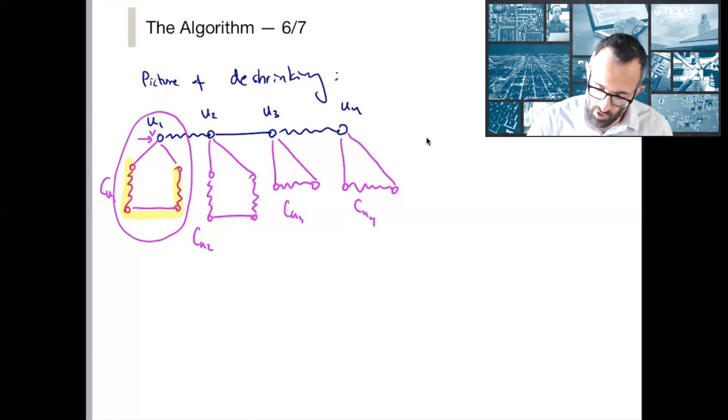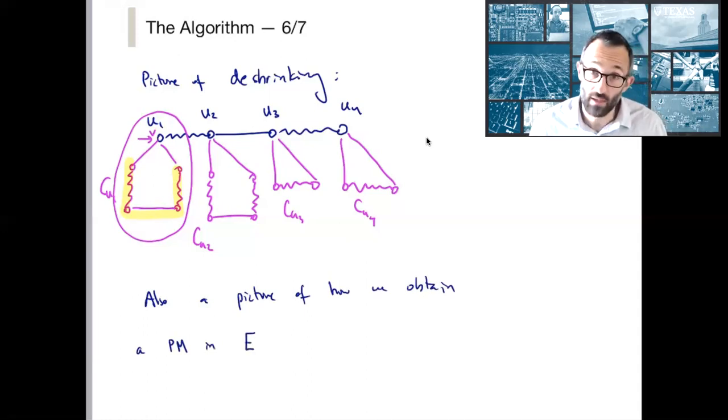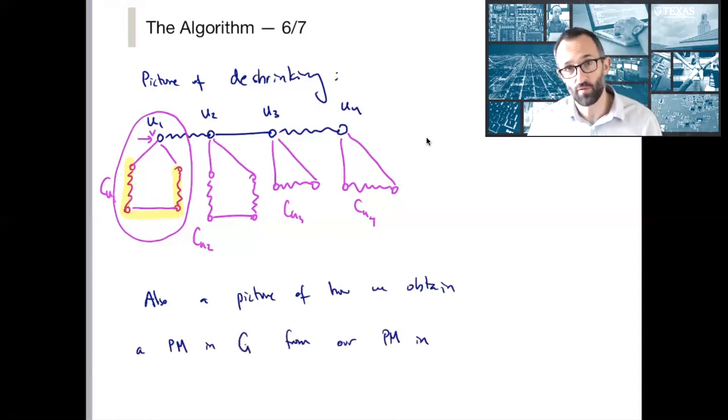So this is a picture of de-shrinking, and it is also a picture of how we obtain a perfect matching in the original graph G from our perfect matching in our restricted graph that is also contracted.